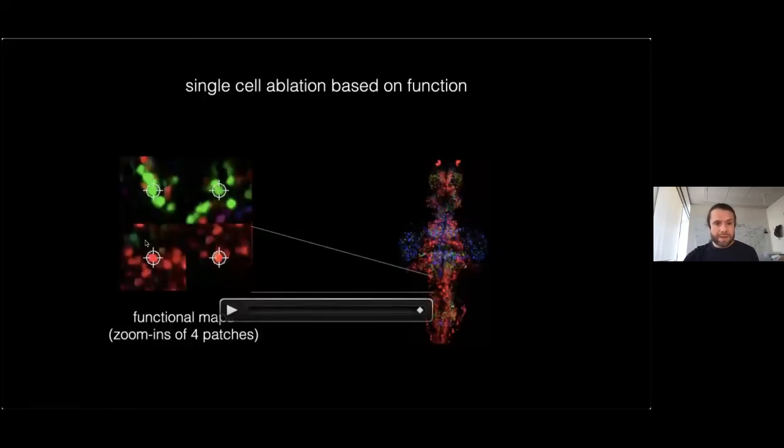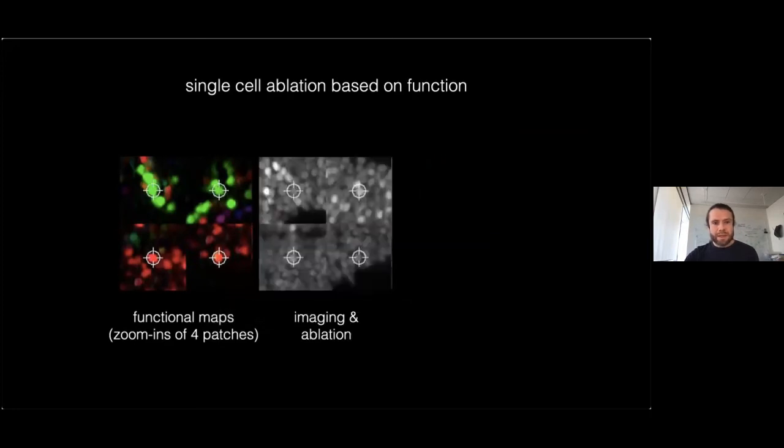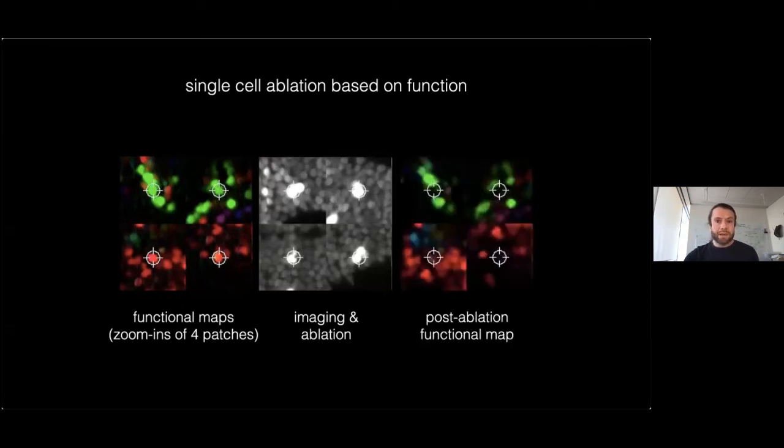So here are 4 little regions of the brain represented as functional maps. Now we can image them first and then ablate them with single neuron resolution. They become very bright because we target the center of the cells. So this is a nuclear GCaMP marker. It will cause intracellular calcium increases, and that's why the neurons become so bright, but they actually are then ablated.